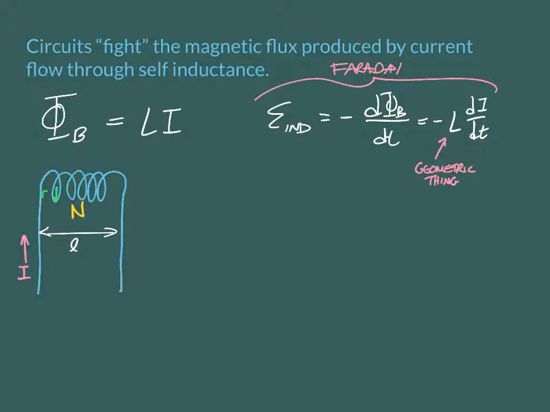So in fact, B, the magnetic field, would be mu naught I N per L, and so that's the number of turns per unit length. So that's a little bit of review stuff.